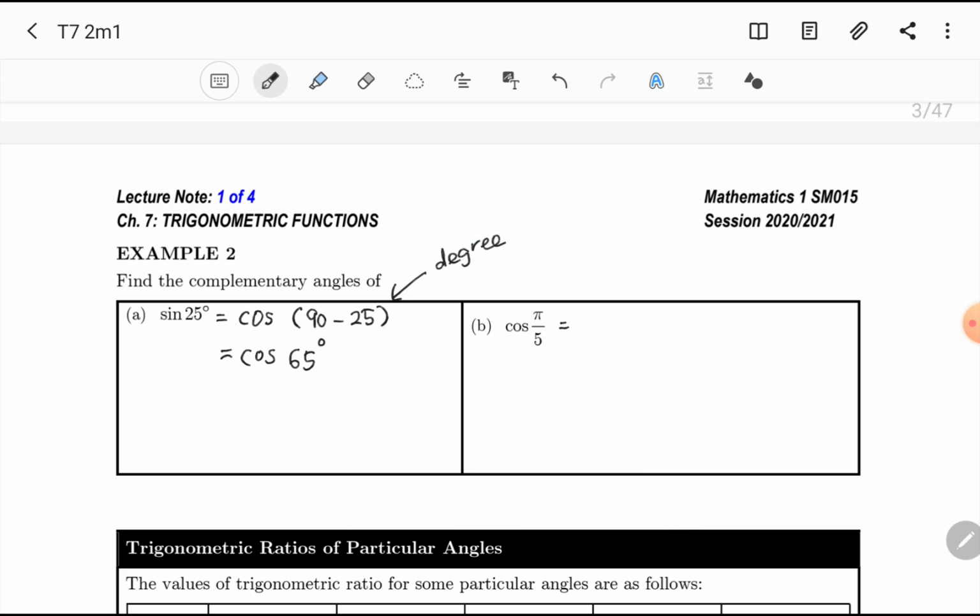Okay, for part B we are using radian. Benda yang sama je, cuma unit yang berbeza. Okay, so cos theta equals to sin 90 minus theta. So we will write sin 90 is pi over 2 minus theta is pi over 5. Okay, so we can simplify. We will get sin 3 pi over 10. Very good. Okay, next.